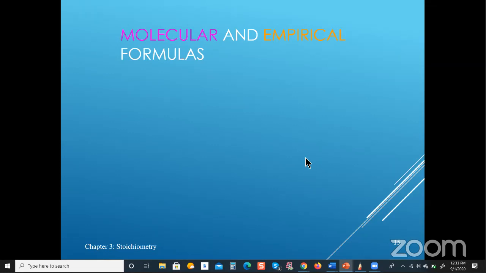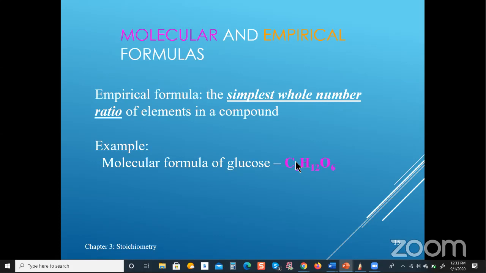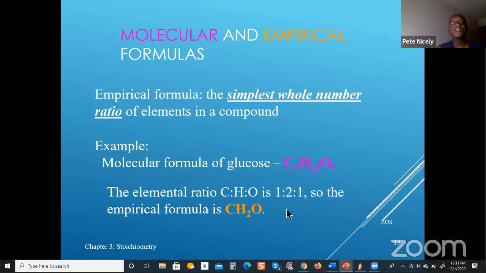All right. So this was the last thing we discussed last time. We talked about the difference between the empirical formula and the molecular formula. Just to remind you quickly, the molecular formula gives you the number of atoms of each element present per molecule, while the empirical formula gives you the simplest ratio of the different elements present in the substance.